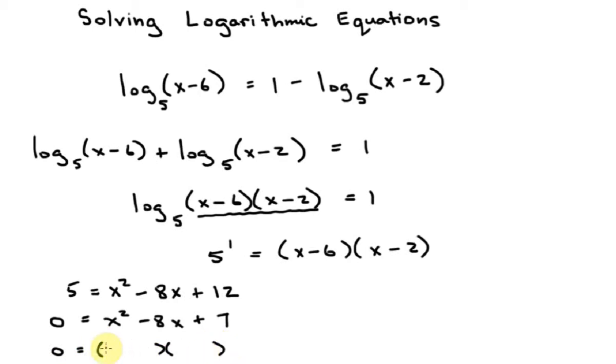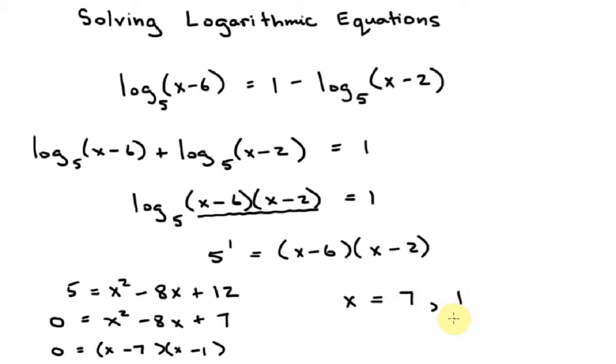So I need x times x, and now I need 2 factors of positive 7 that add up to negative 8. So I'm thinking negative 7 and negative 1. So when I look at the solutions of this quadratic equation, I have 2 solutions. X could be 7 or it could be 1. So that would seem to be my solutions.